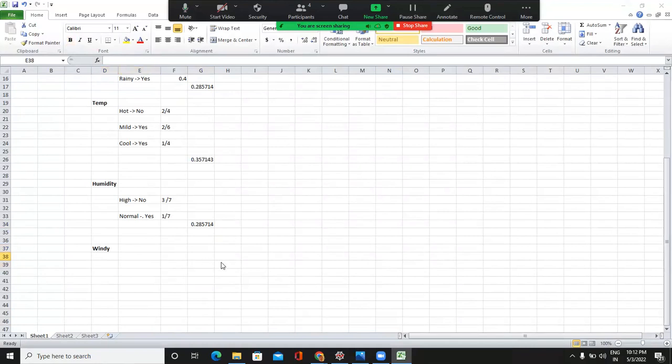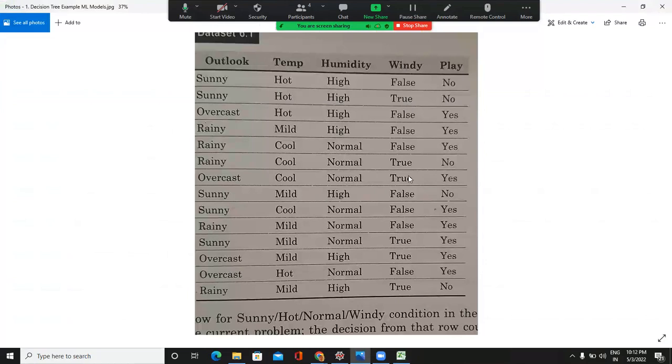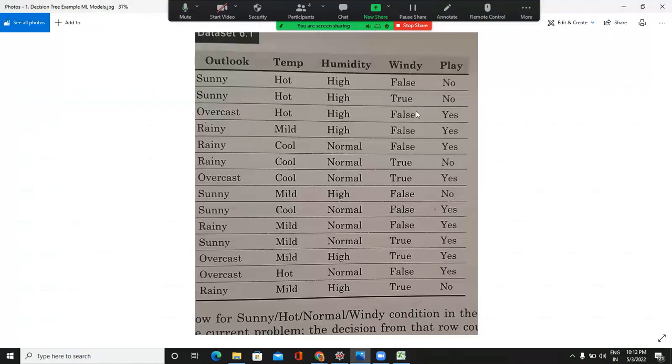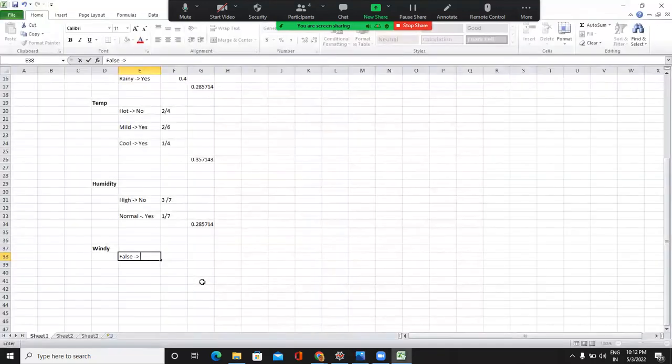So windy, how many possibilities are there? False and true. Let's start with false. False no, false yes, false yes, false yes, false no, false yes, false yes. Definitely false yes should be the rule so that we commit the least error.